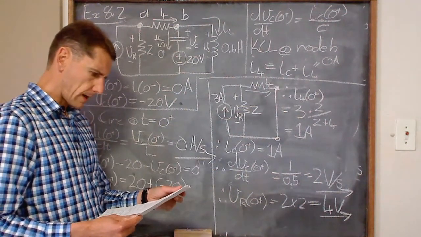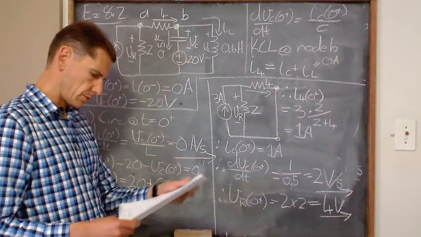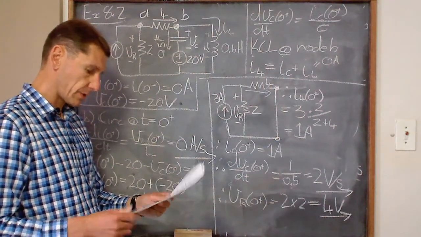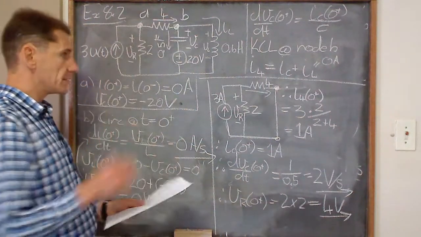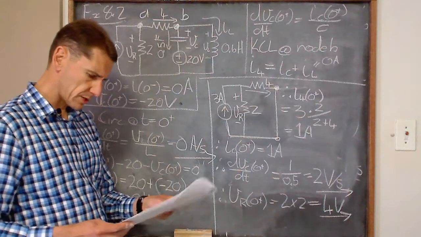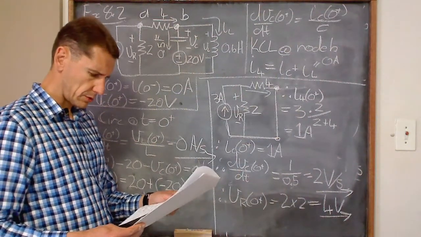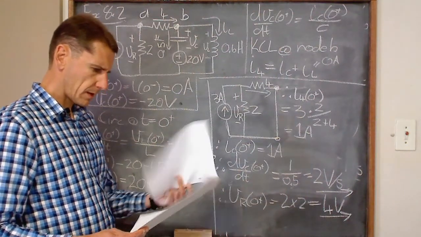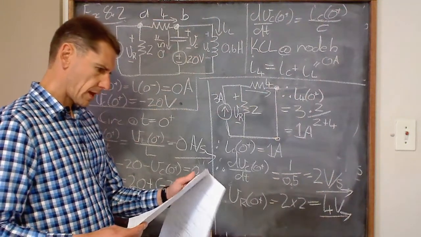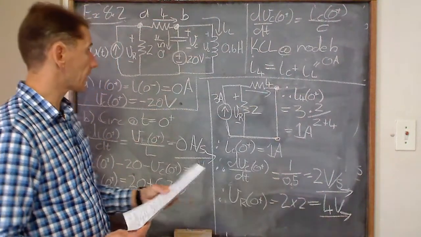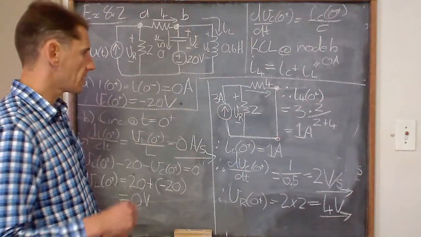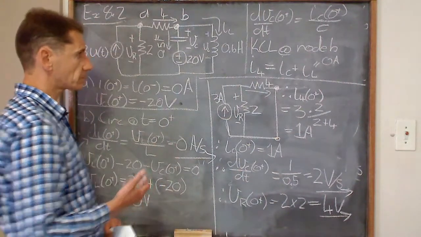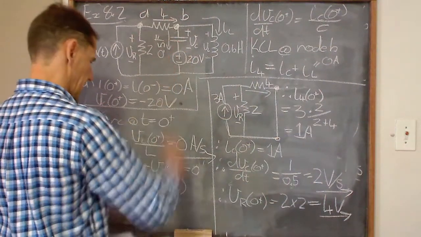So I'm going to leave it for you guys to work through the dVAB dt or the dVr dt part in the textbook example. I think we'll have time to do that in a later stage. I want to finish this one by calculating the final conditions for the capacitor and the inductor.